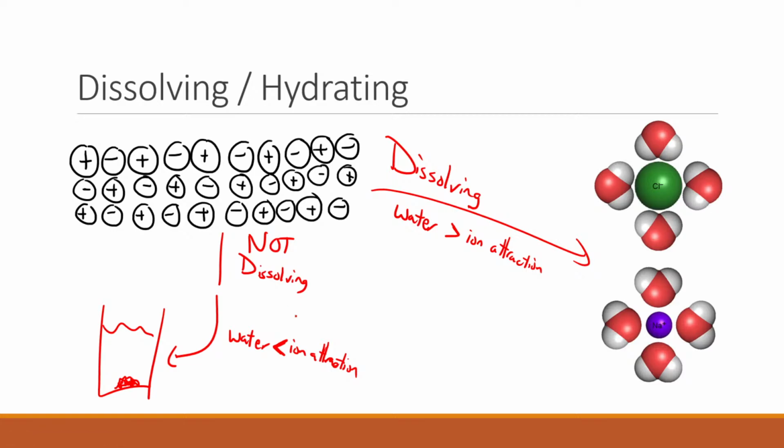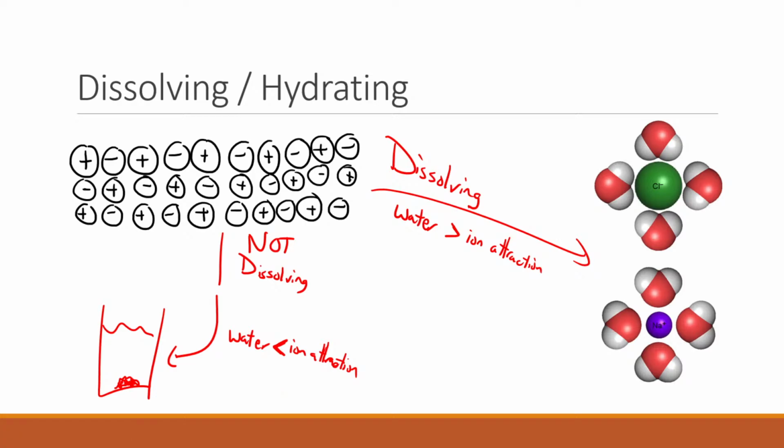And so the question that we need the answer to becomes, how can we tell if water is stronger than the ions, or if the ions are stronger than the water? And that is what Table F tells us.